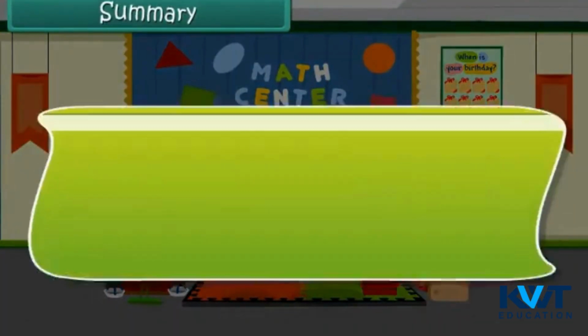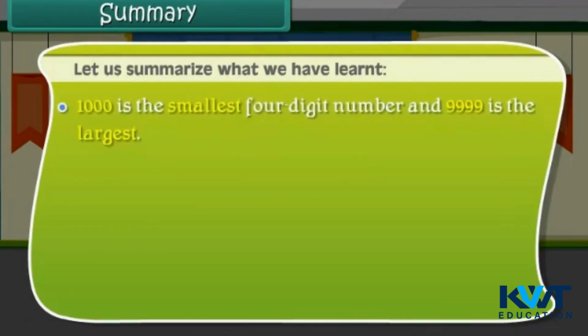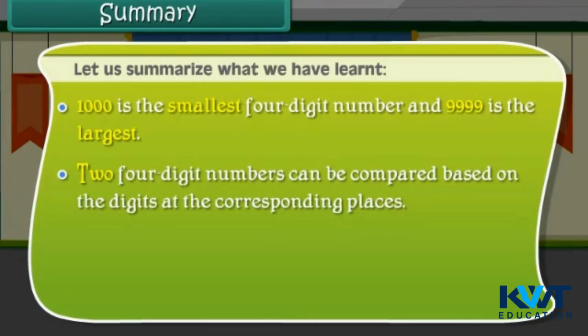Summary. Let us summarize what we have learned. 1000 is the smallest four-digit number and 9999 is the largest. Two four-digit numbers can be compared based on the digits at the corresponding places.